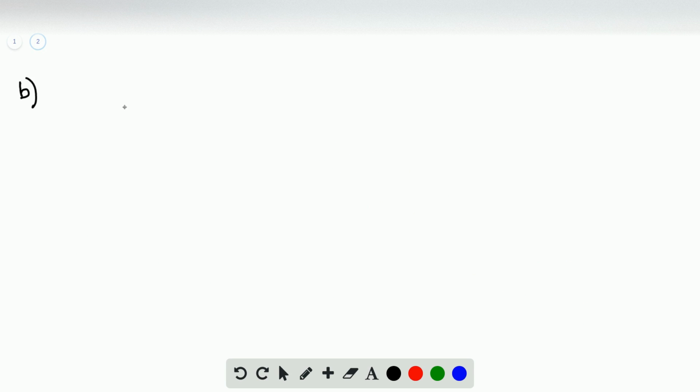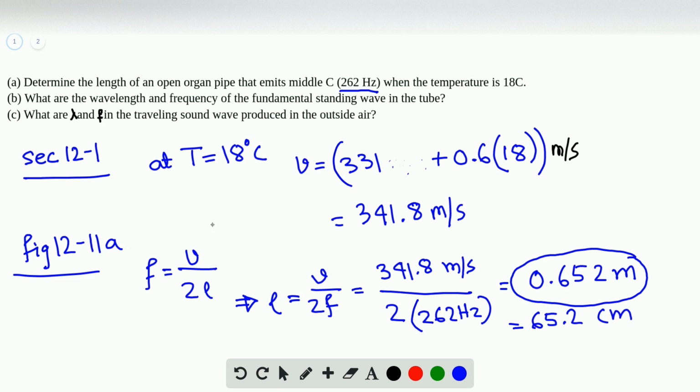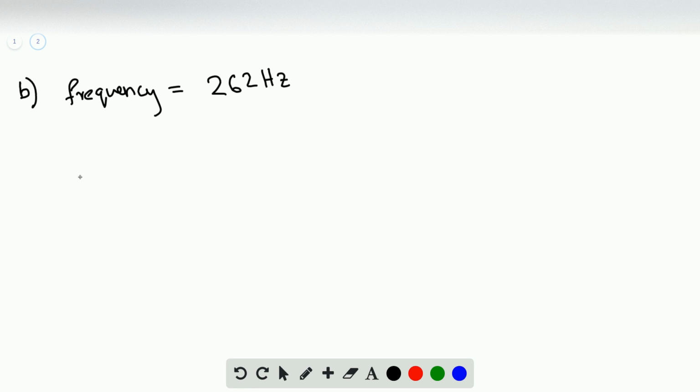So for our case, frequency is nothing but 262 hertz, and for wavelength, it's going to be twice the length of the organ pipe. So for our case, it's going to be 2L, which is 1.3 meters.